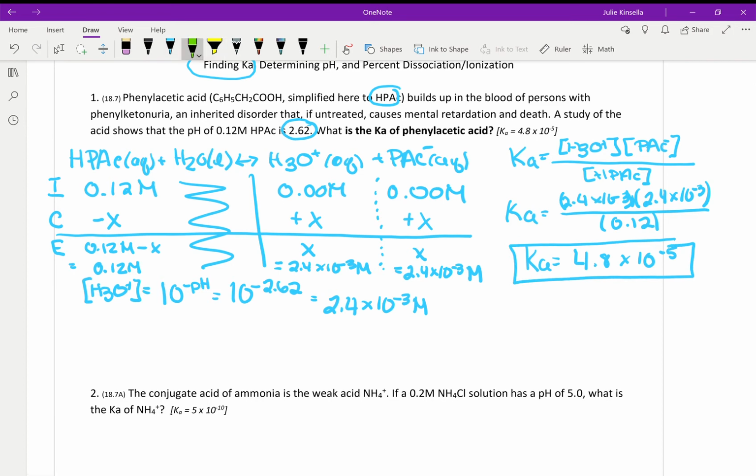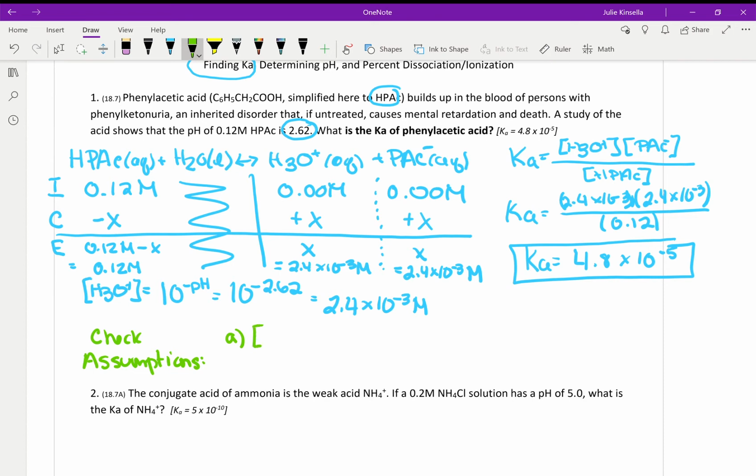All right, we do want to show our check to check our assumptions, which I'm going to go through because there's actually two in this case. Let's start off with the one that you guys are aware of, which is we want to show that the amount of x here is less than 5%.